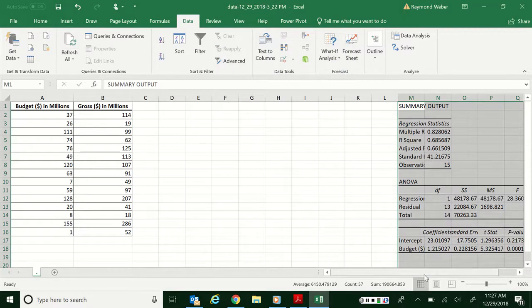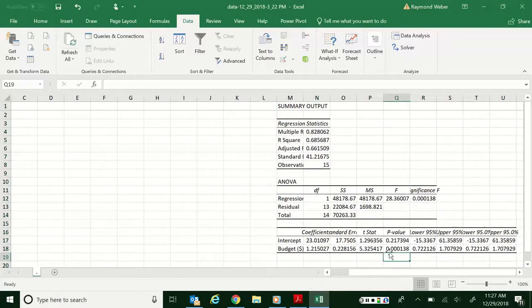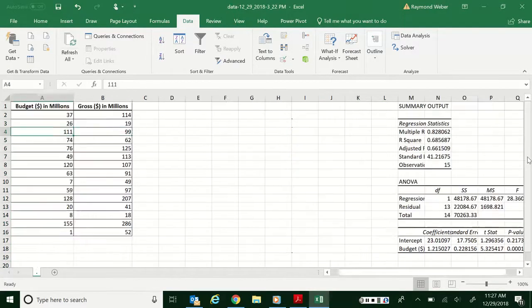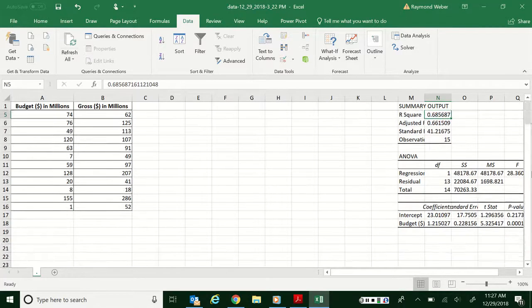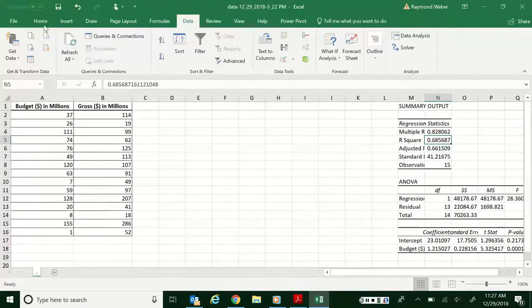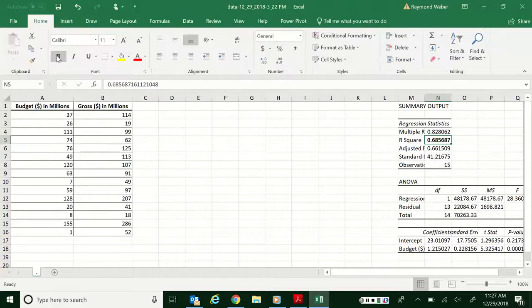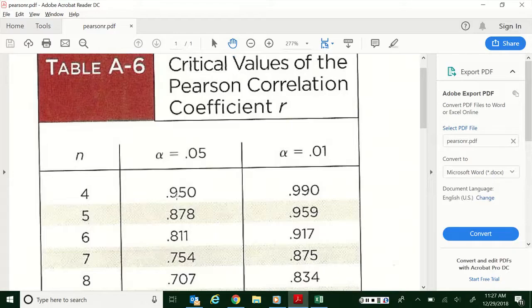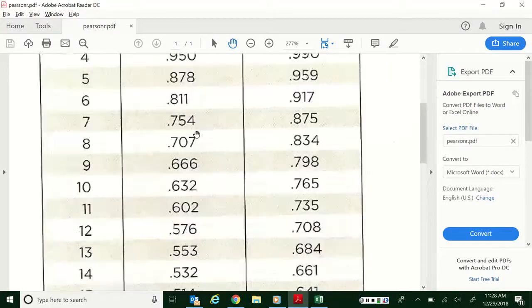Okay, so here's my output. A couple of things that I care about. First of all, here's my R value up here, right here, my R square. And this is what I'm going to use to decide if I can use this. So what I need to look up is, I have 15 pairs, and I'm doing it at a 0.05 level.